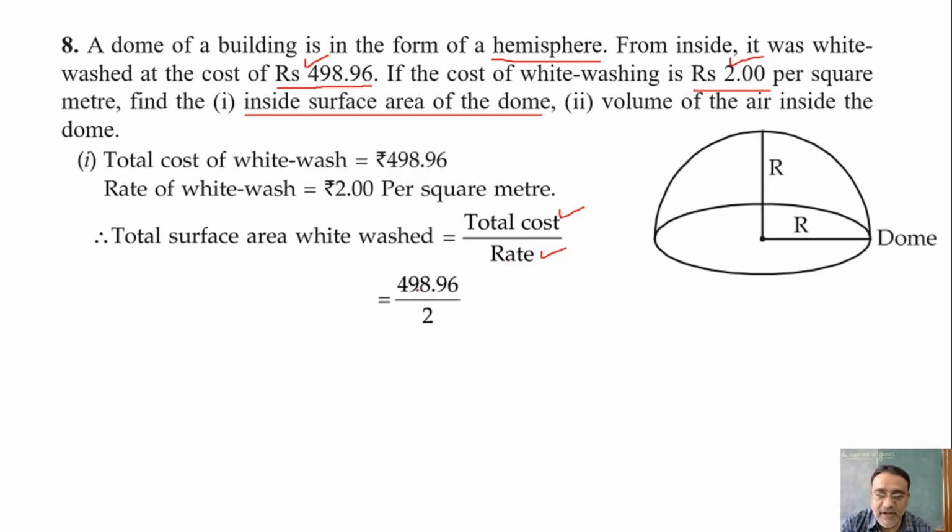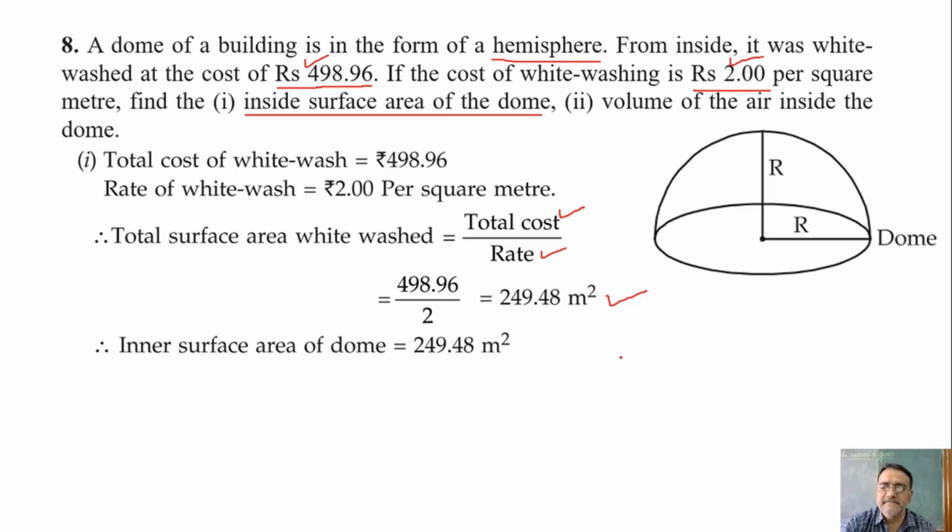And what we are going to get? 249.48 meters square. So this is the inner surface area of the dome. Any doubt in first bit? No, sir. Now for volume of air, we require the radius. So now with the help of inner curved surface area, we will find the radius.